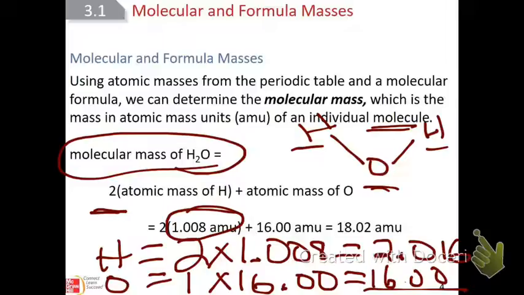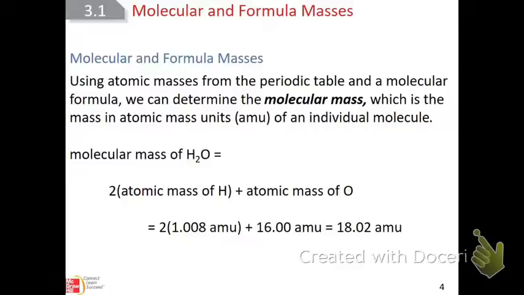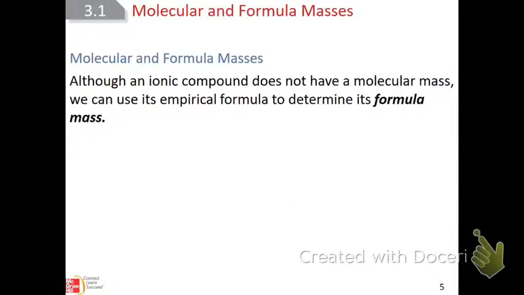There is your average atomic mass of water in AMU. And that's what you would record as your correct mass. Yeah, 18.02 is what they have for that.